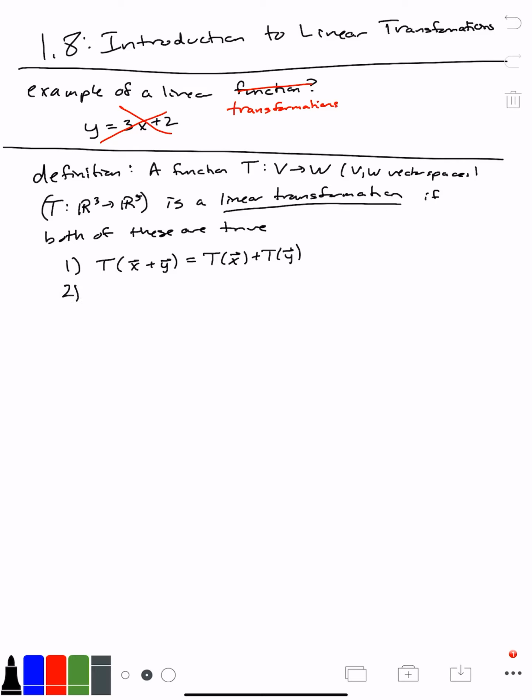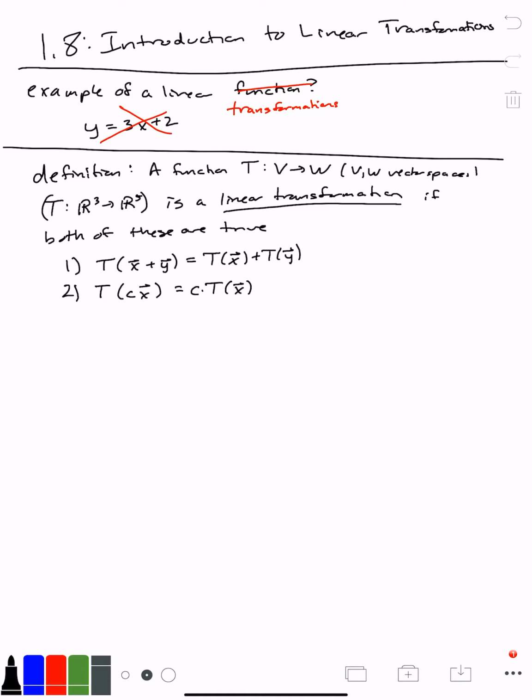Secondly, if you have a vector that is multiplied by a constant and then plugged into your function, you can instead plug in just the vector, get an output, and multiply it by the constant. These are the two important properties you need for a linear transformation.